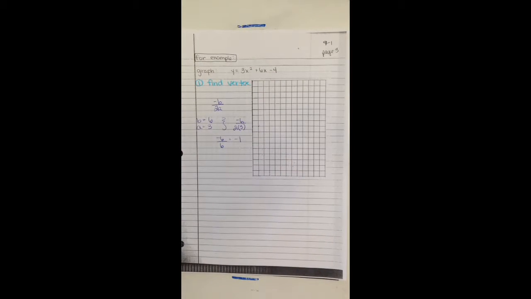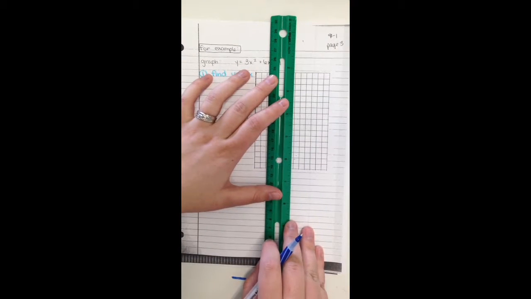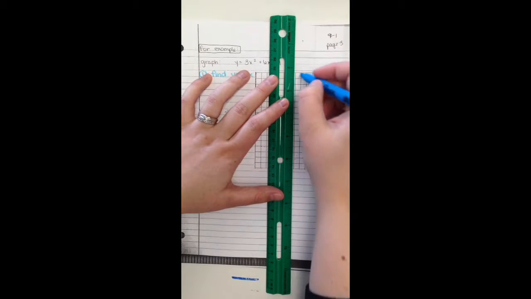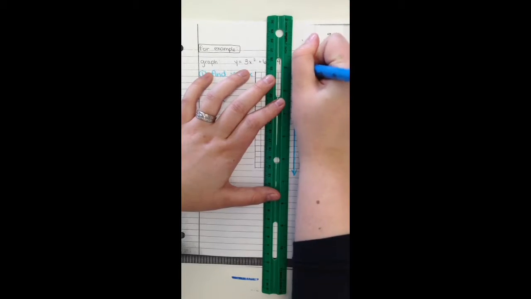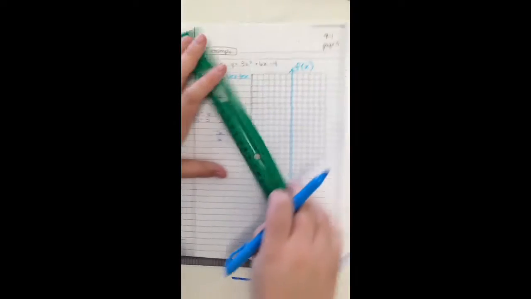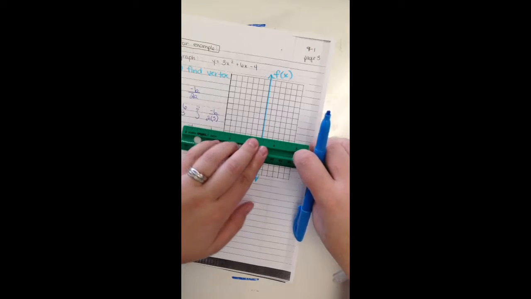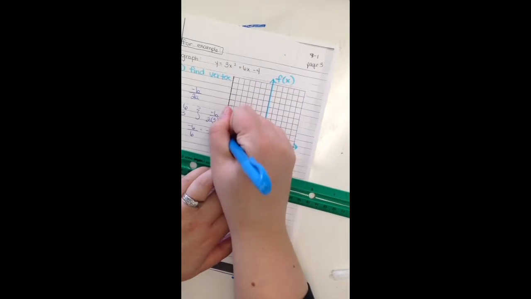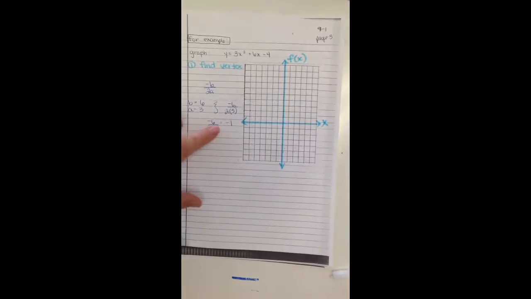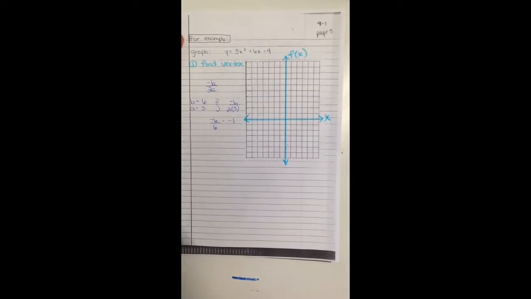Great, I have this number, but what do I do with it? I'm going to draw in my x and f of x axes. So now what do I do at this point? First thing I'm going to do is plug it back in here to find the ordered pair.